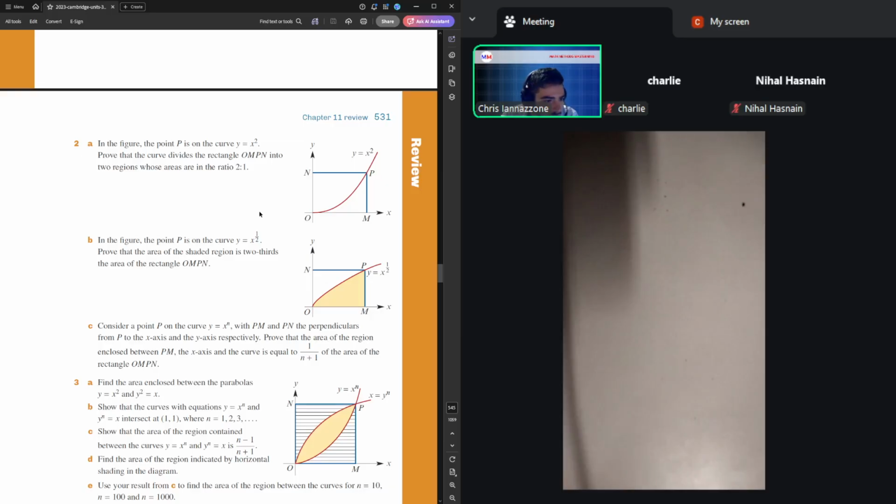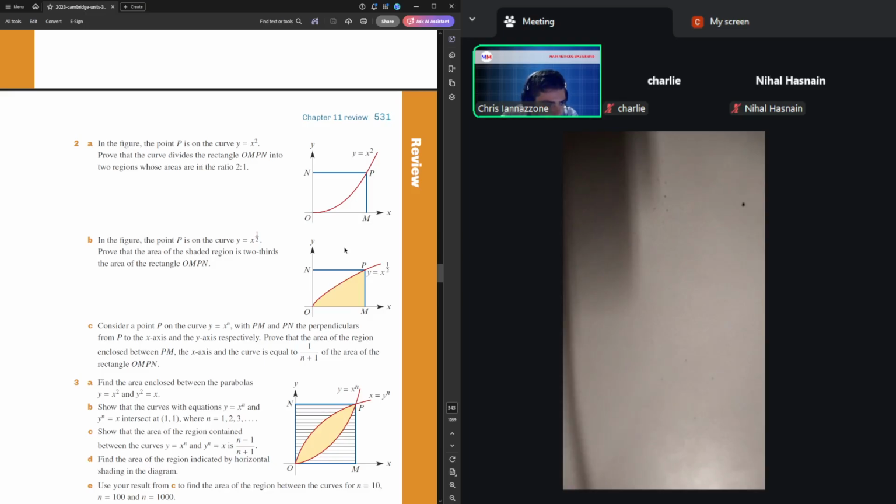So with that in mind, we're going to more or less approach it the same sort of way. If we're trying to prove that one area is 2/3 the size of another area, one of the things that would be nice to do would be to figure out what are the area formulas for each of those areas. One of them is bound by a curve, the other is essentially just a rectangle.